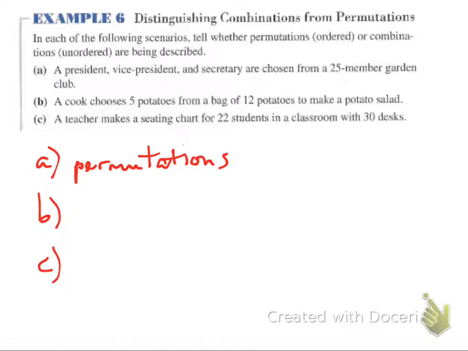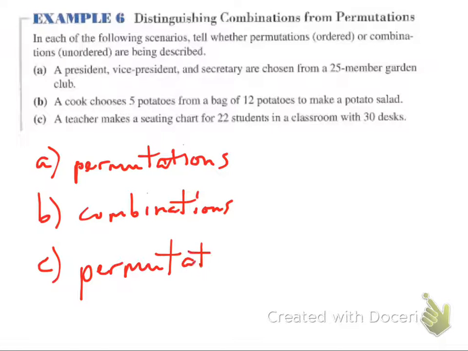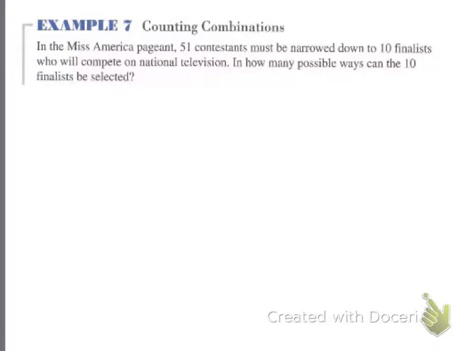A cook chooses 5 potatoes from a bag of 12. Does it matter which potatoes he picks? No, so that's combinations. A teacher makes a seating chart for 22 students in a classroom with 30 desks. When I make my seating charts, order matters. The order of the students sitting matters, so that's permutations. That's all you had to do there, just determine which one you had to use.